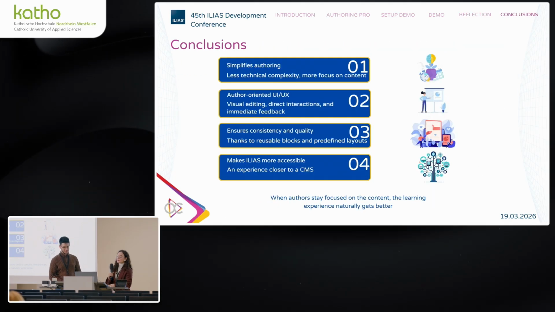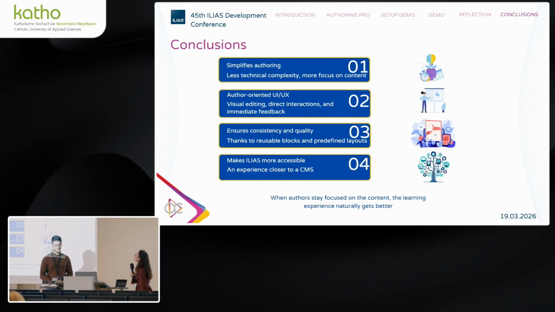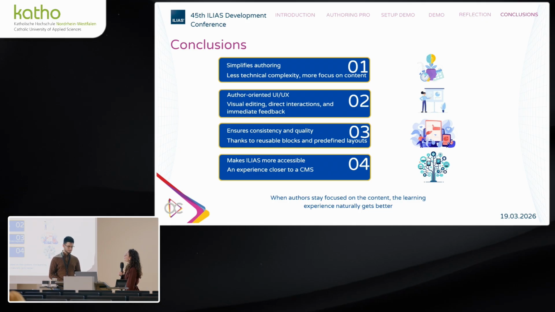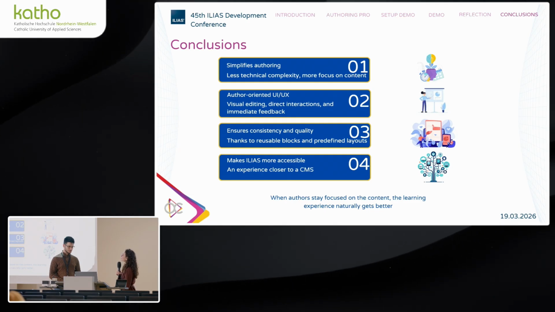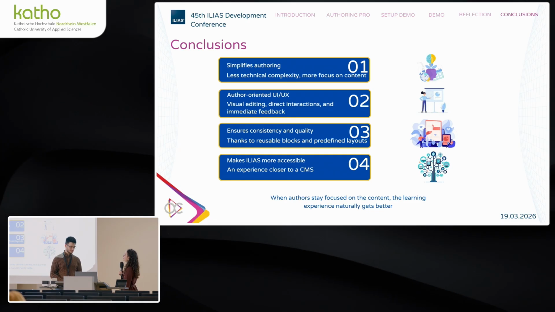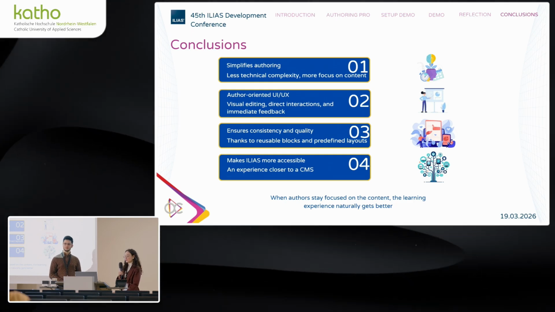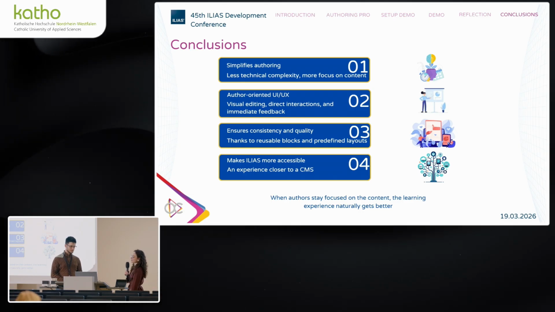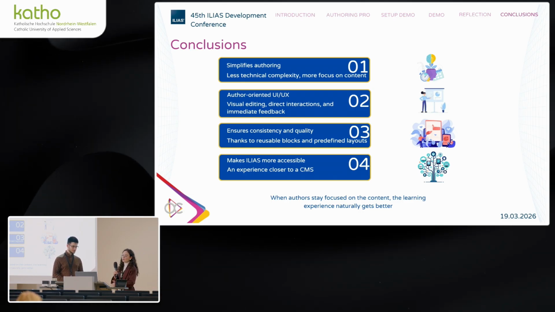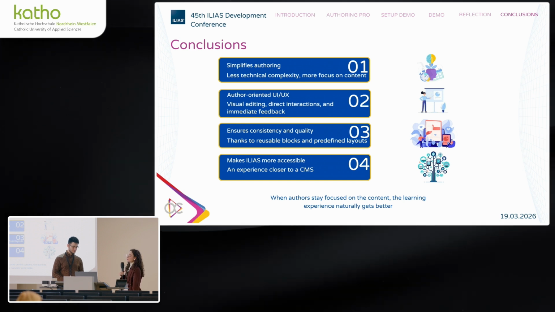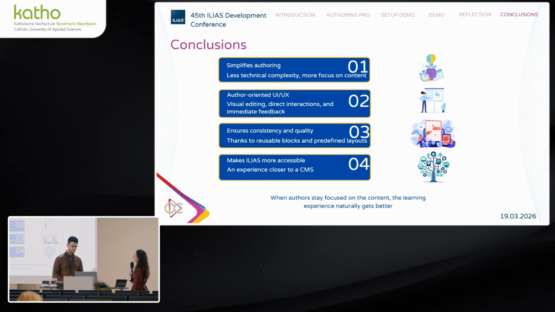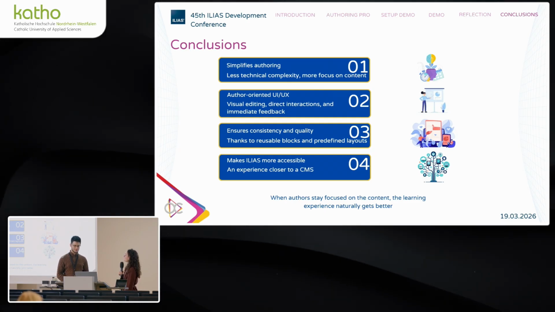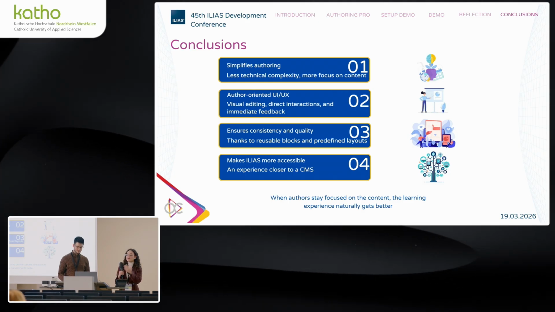Okay, so in conclusion, we think that Authoring Pro simplifies authoring because we see less technical complexity and more focus on content. It is a development oriented in UI and UX, in particular to authors and editors, and ensures consistency and quality thanks to reusable blocks and predefined layouts, and makes ILIAS an experience closer to a CMS.